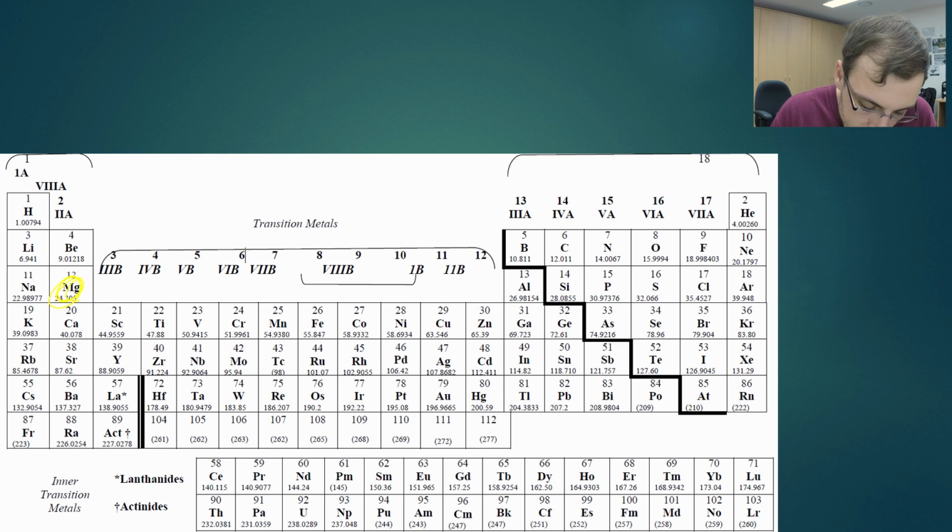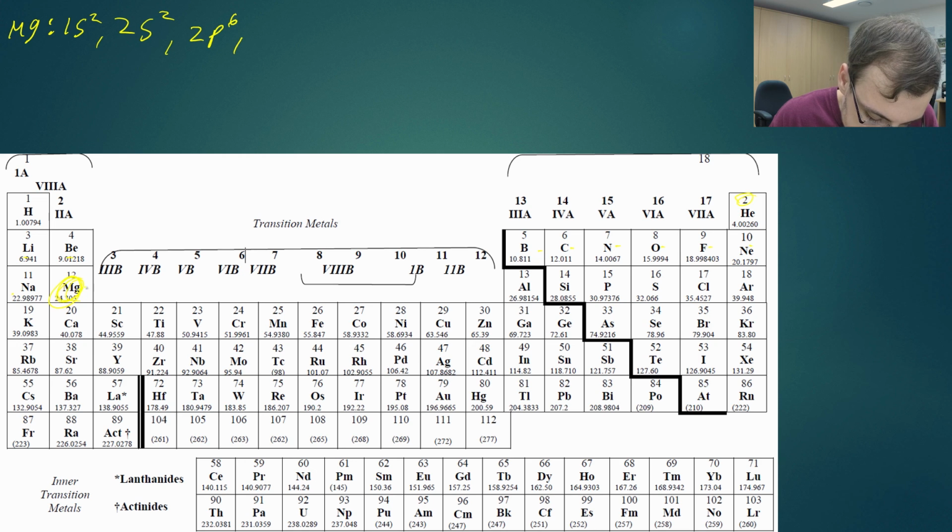So for Mg we have 1s2, 2s2, 2p, 1, 2, 3, 4, 5, 6, and 3s2.